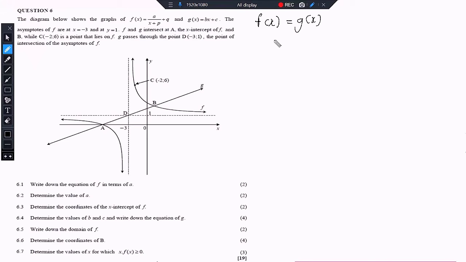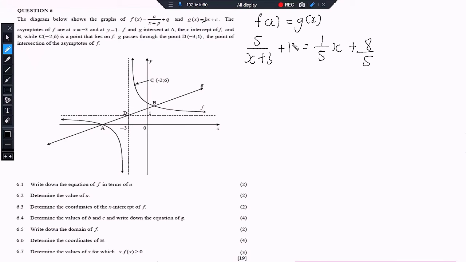Then I will go ahead and write the equation of f of x. Remember, I already have the values of a, p, and q. So this is a over x plus 3, and then plus 1, is equal to g of x. I already have the values of b and c, which is 1 over 5 x plus 8 over 5, right? Now at this point, you need to be very smart.